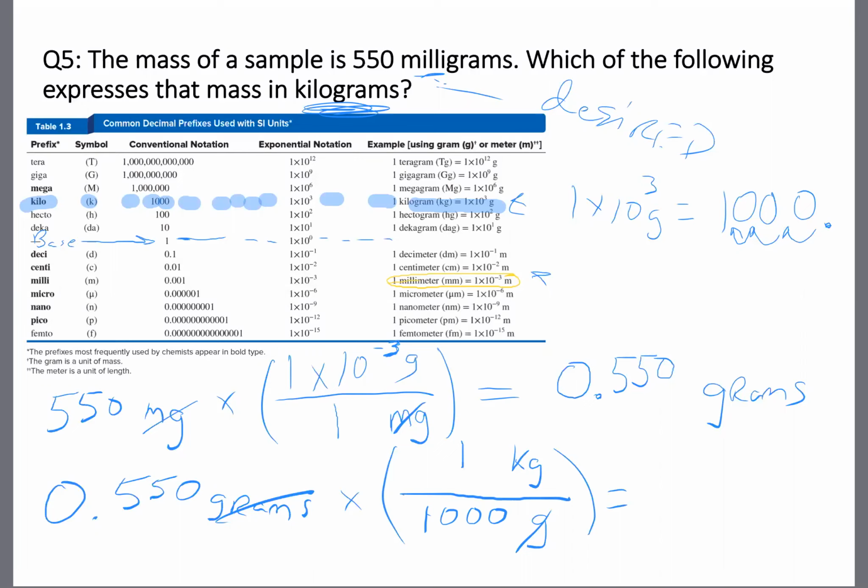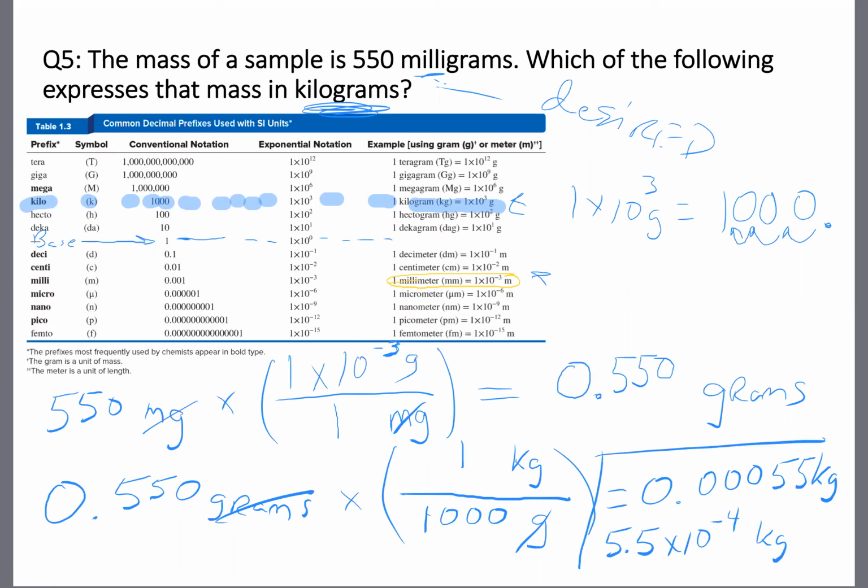So we have 0.55 divided by 1,000. And when we do the math on that, we get 0.00055 kilograms. If I want to, I could write that 5.5 times 10 to the minus 4 kilograms.